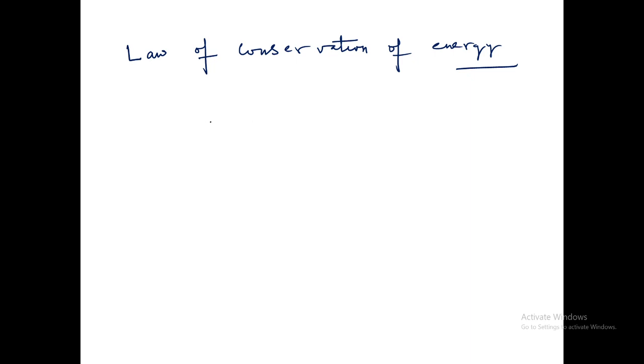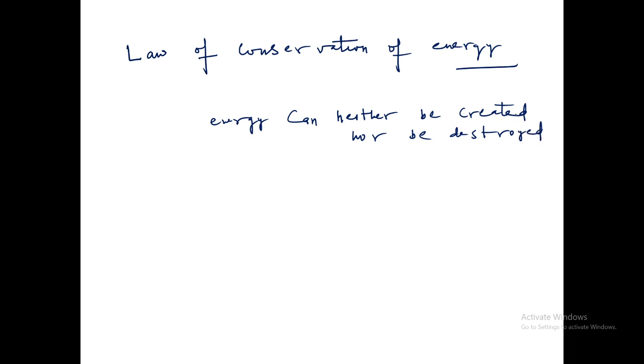It states that energy can neither be created nor be destroyed, but transformation is allowed. Transformation may happen. So this is the statement of the law of conservation of energy.